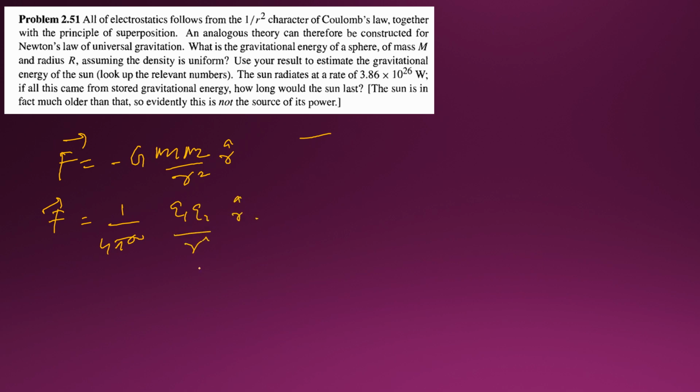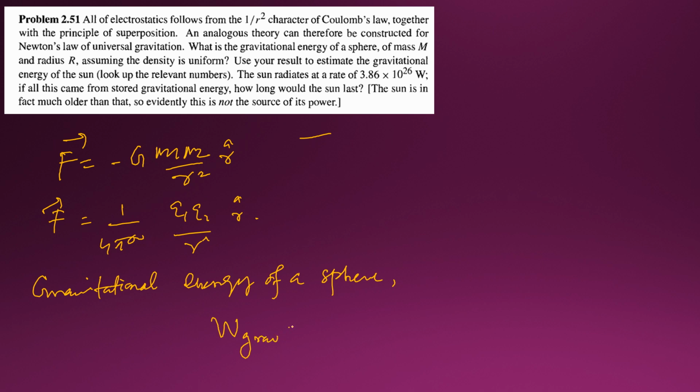Okay, so gravitational energy of a sphere is how much? Remember this: the gravitational energy of a sphere is equal to 3 by 5 G m square by r.